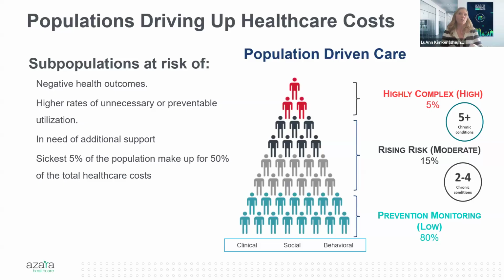Those are the ones you're doing normal outreach to, to remind them to do their immunizations or to meet certain criteria if they have a single condition. The moderate risk is where you might have some impact, as well as in that highly complex group.